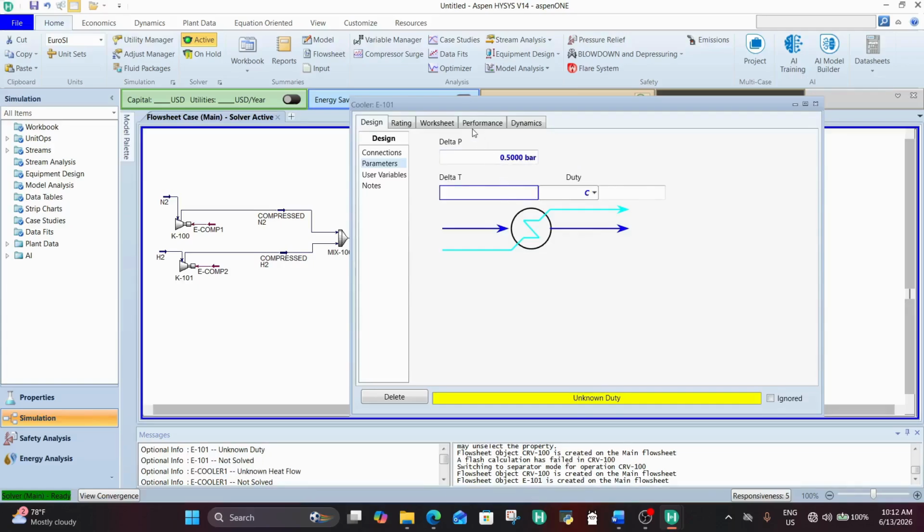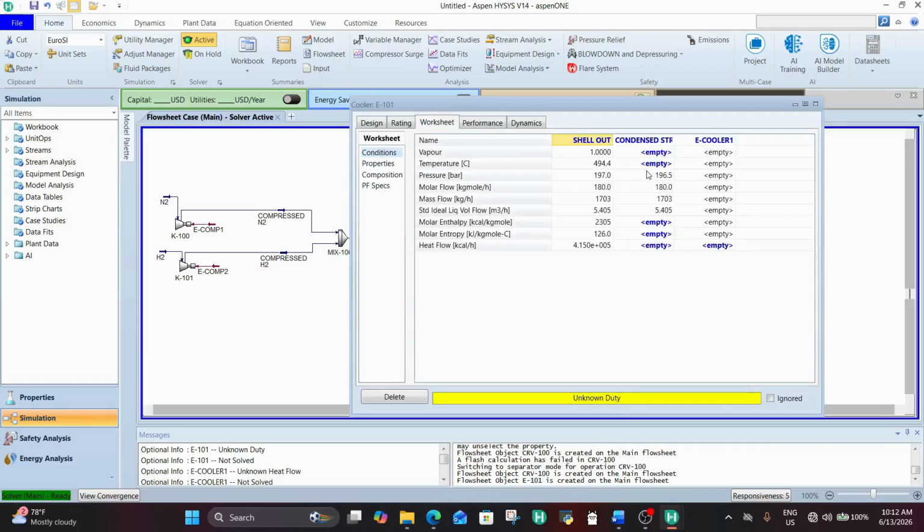Temperature. What temperature do you think we should be at? What temperature does nitrogen and hydrogen condense? Let's do a research on that. Condensation or boiling point, at what temperature do nitrogen and hydrogen gas condense?